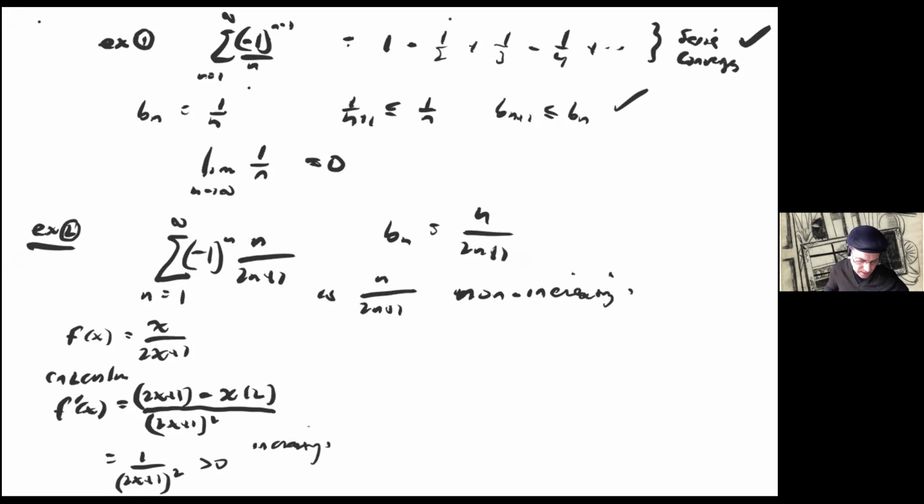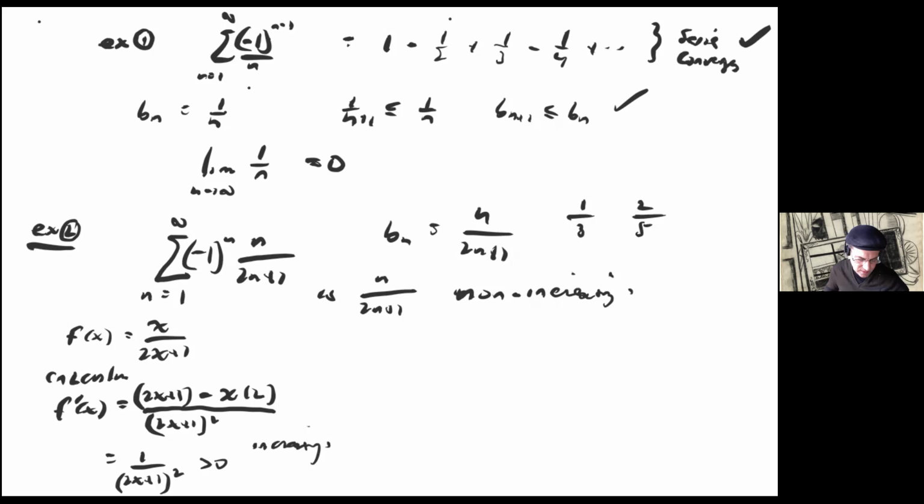You can even see it's increasing. For example, when n equals 1, the first term of the sequence b sub n, you get 1 over 3. Then you get 2 over 2 times 2, which is 4, plus 1 is 5, which is actually less than a third.